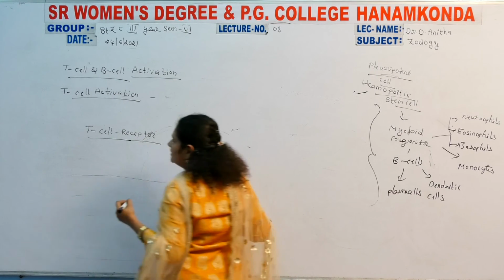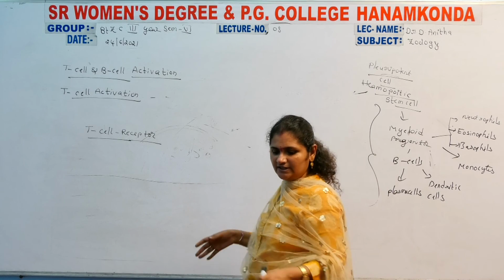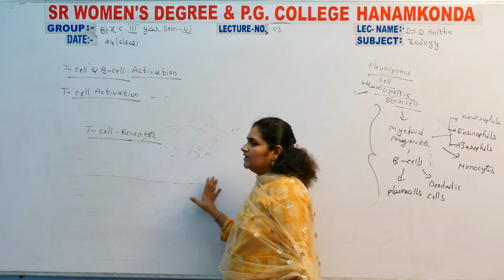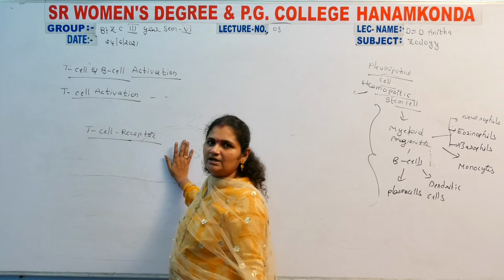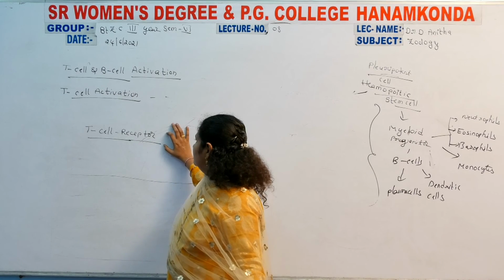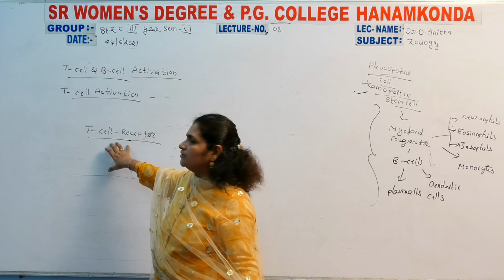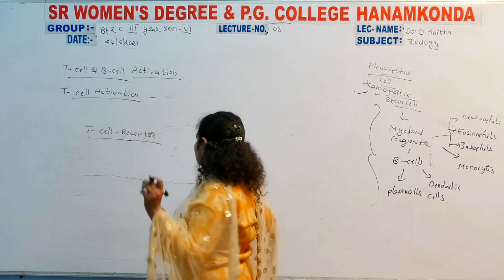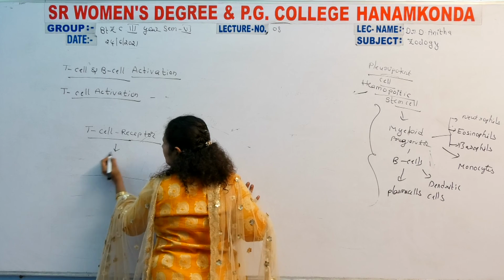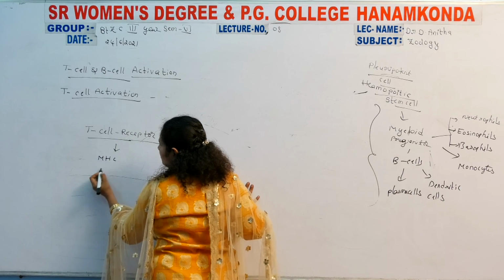One receptor is needed for activation of a T cell, and the main function of a T cell is to recognize the antigens. So first it is bonded with the receptor, that is called the T cell receptor, and it also bonds with the MHC molecules.